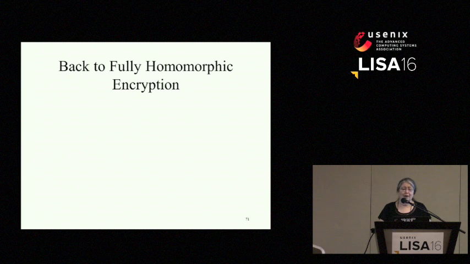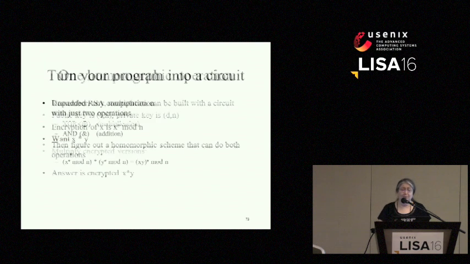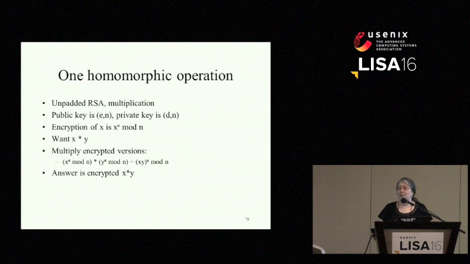So now back to fully homomorphic encryption. Remember the circuit model, so we have to be able to do multiplication and addition. And so we have to figure out a homomorphic scheme that can do both operations. One homomorphic operation is RSA.